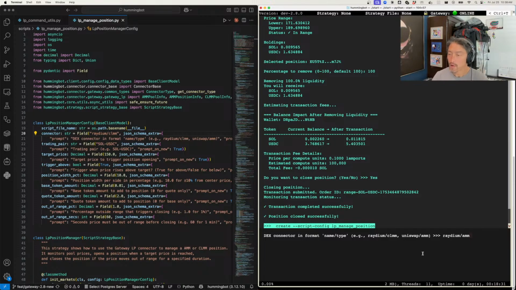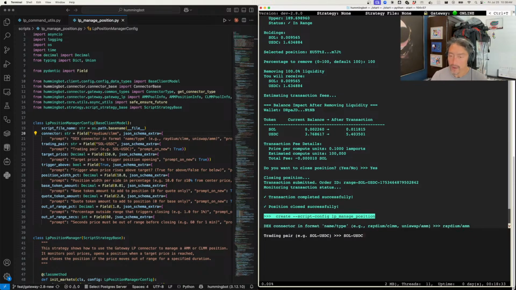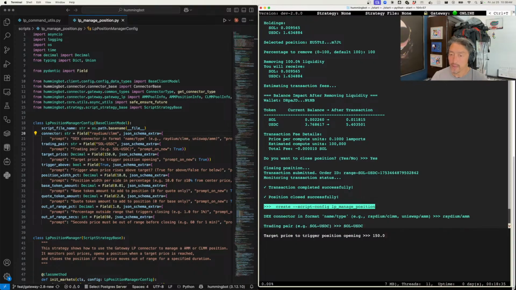So let's actually demo that using the AMM positions, and we'll demo that using the SOL-USDC pair. To do that, let's make sure that we are active. Let's try to do a very narrow range, and we'll start something as soon as the price rises. Right now, Solana is about 180.